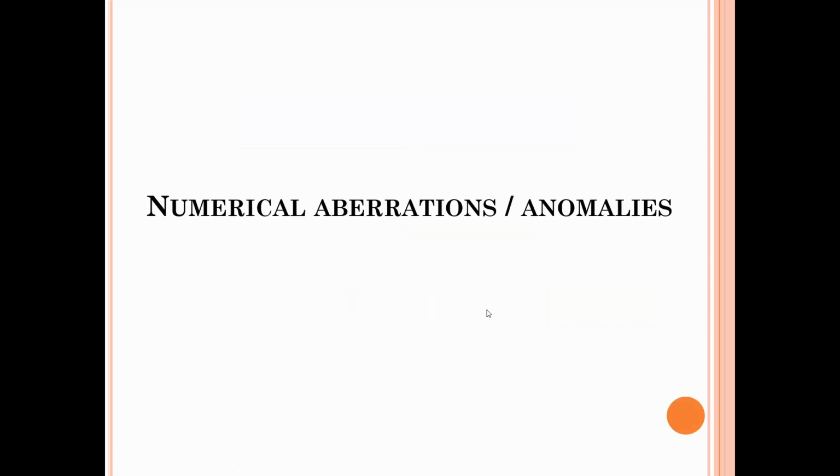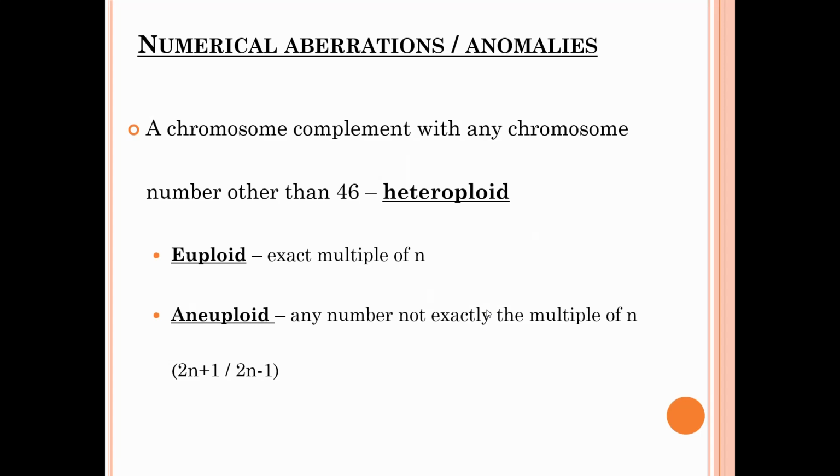Okay, what is numerical? Numerical means number. Okay, already you know. So anomalies where numbers are affected. So here you see a chromosome complement with any chromosome number other than 46 is known as heteroploid. Okay, when we say euploid, that means exact multiple of n.